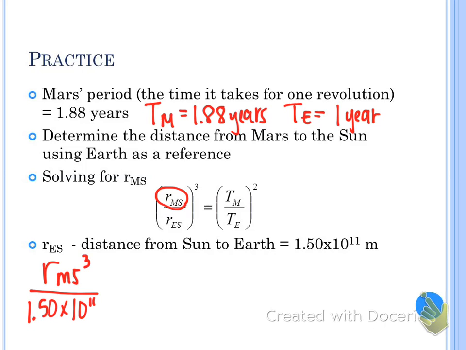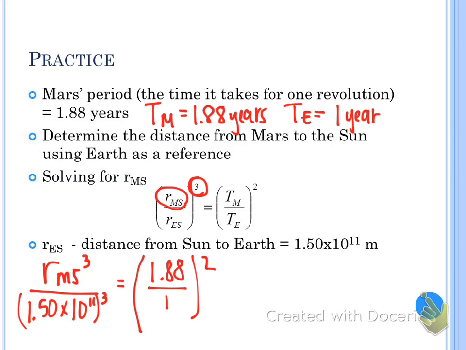These should both be cubed, right, because we have a cubed value here on the outside of our parentheses. All I'm doing is moving that cubed inside of the parentheses since one of our variables needs to be solved for. On the other side, I'm going to take the period of Mars over the period of the Earth, and I could just square that whole term since I have both of those terms right there.